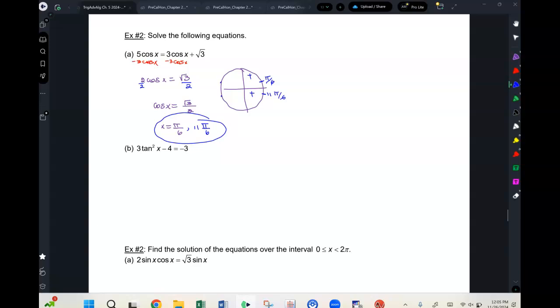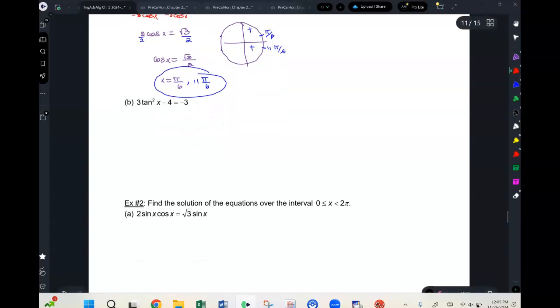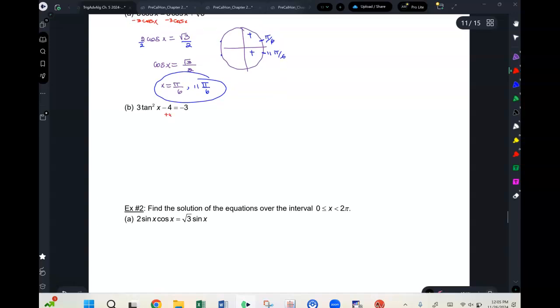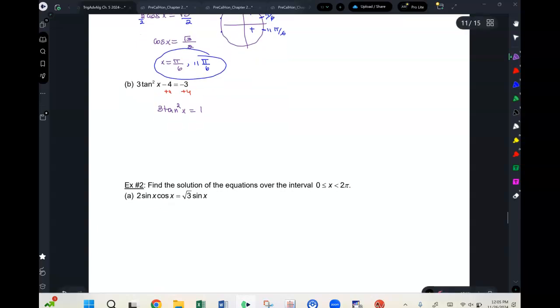Okay. So, what do you guys suggest I do here first? Add 4. So, 3 tangent squared x equals 1. Now I need tangent alone. Robbie, what do you suggest I do now?